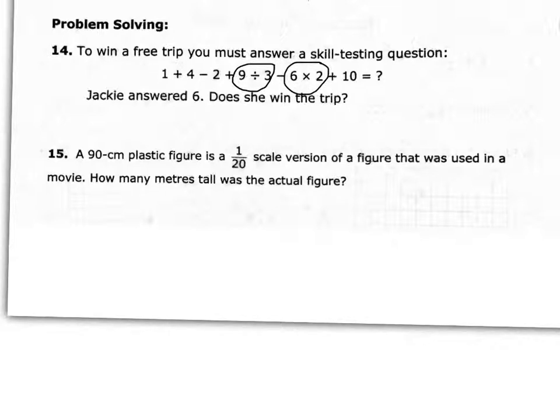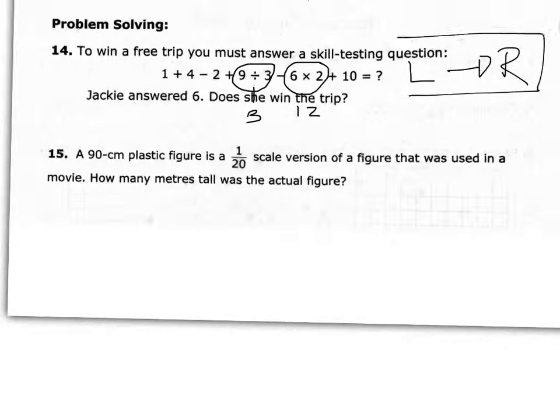Okay, so I'm going to keep this. I'm going to do this. What's 9 divided by 3 is 3. And 6 times 2 is 12. Okay, now I'm going to go from left to right. Please don't forget that.